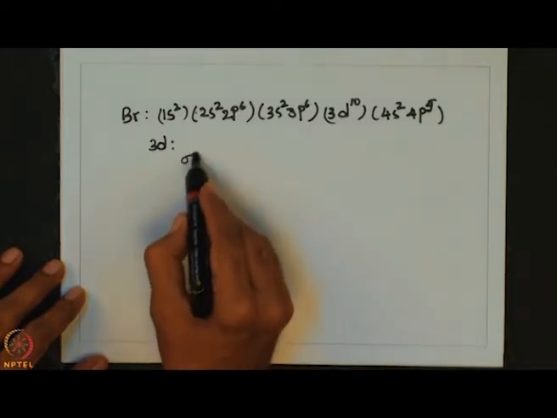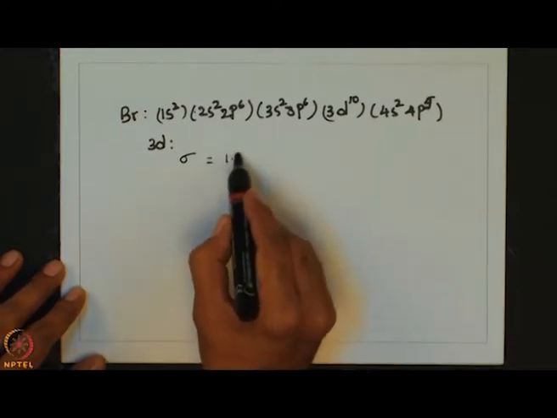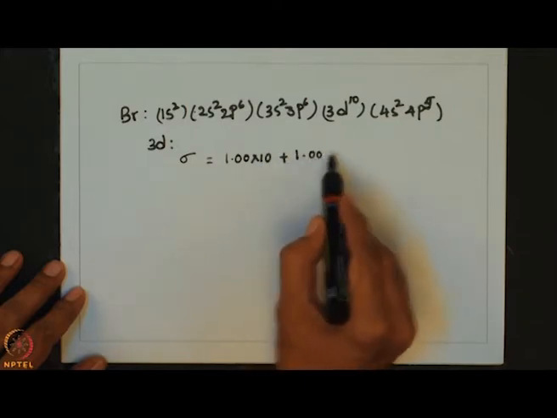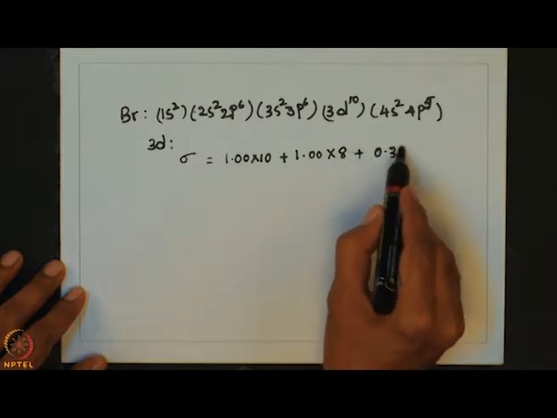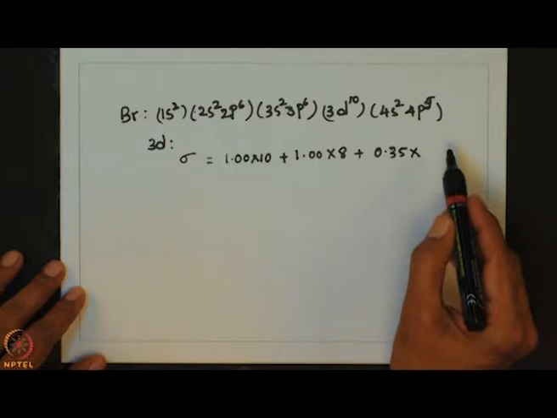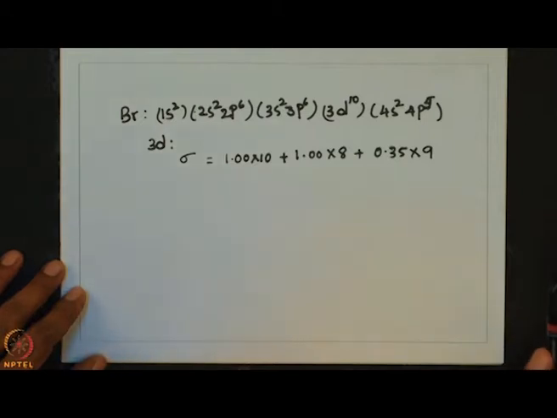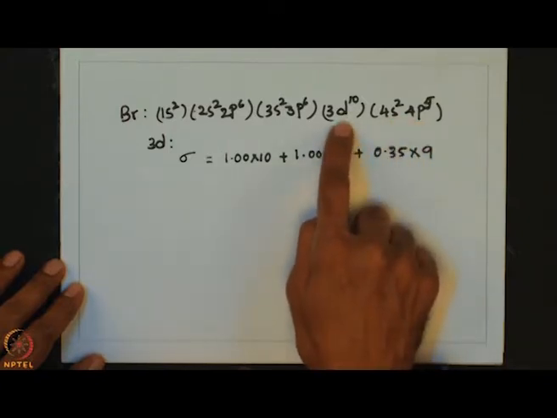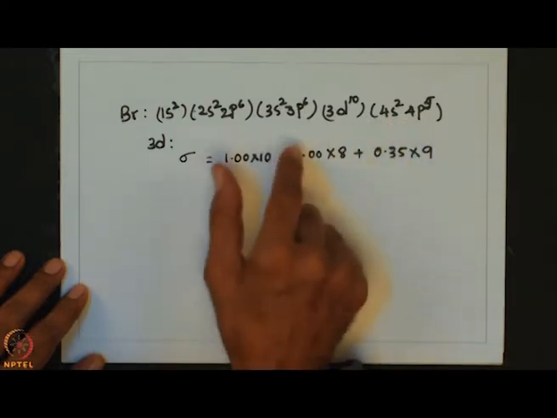For that, sigma equals 1.00 into 10 plus 1.00 into 8 plus 0.35 into 9. So, here 4s2, 4p5 are on the right side of the d orbital, so they should be ignored as they are not contributing towards the screening constant.